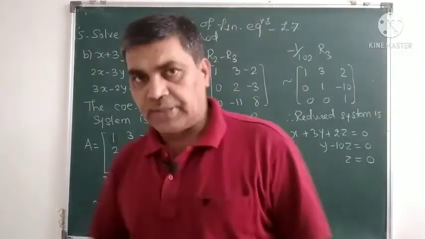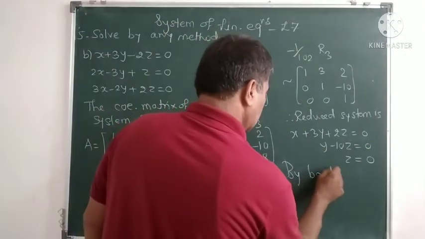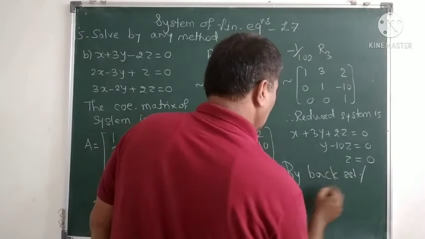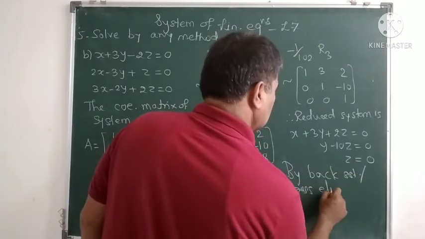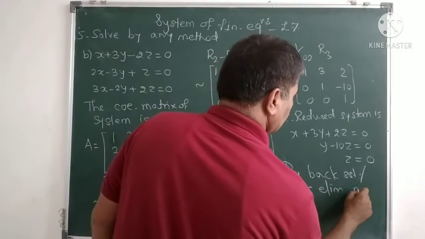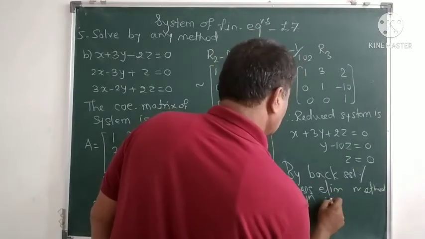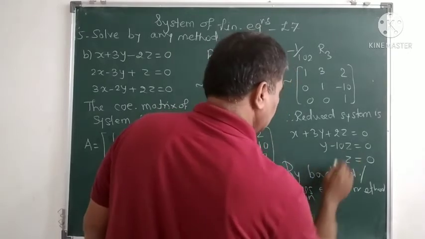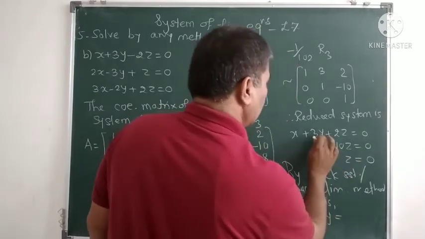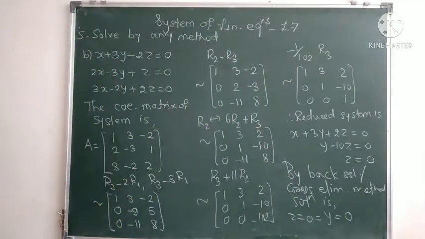So by back substitution or the Gauss elimination method, the solution is z equals 0, then putting z equals 0 here, y equals 0, putting y and z equal to 0 we get x equals 0. So that is the solution of the system. Is it clear?